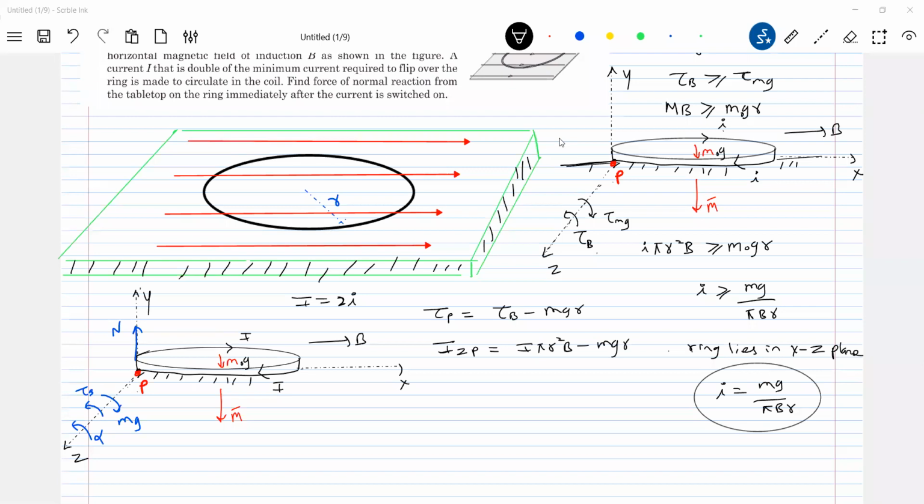I'm writing now the torque about P. The torque due to dipole moment will try to rotate, and since the ring will come in contact only at the point P, it is as good as a body suspended. I think yesterday's class we have discussed the same. What is the moment of inertia about any tangential axis? 3/2 mr² into alpha equals I πr²B minus mgr.